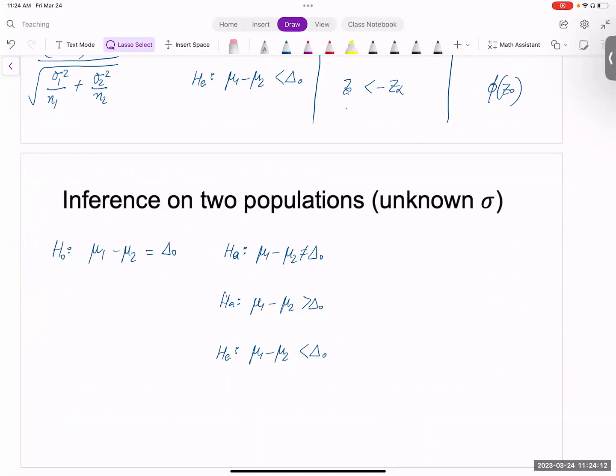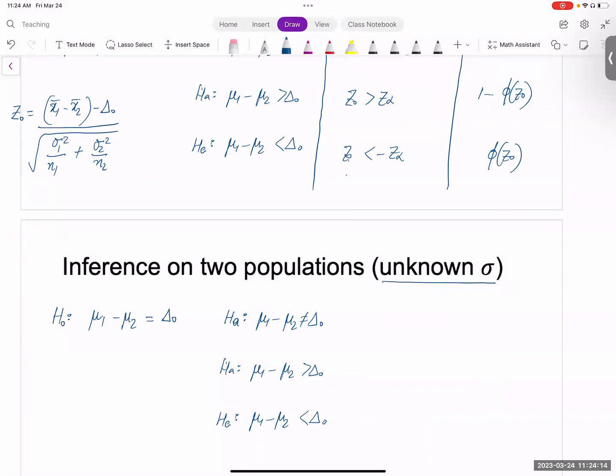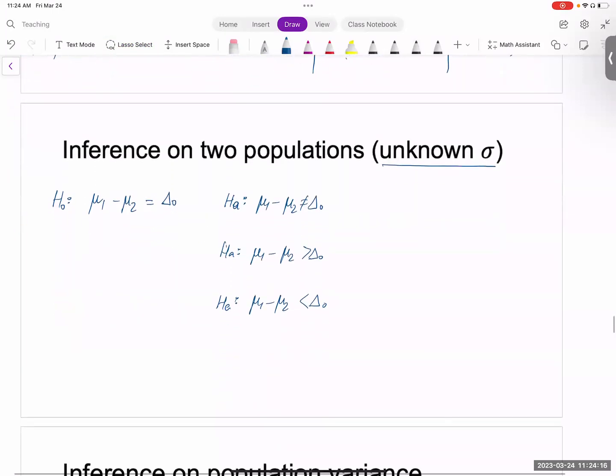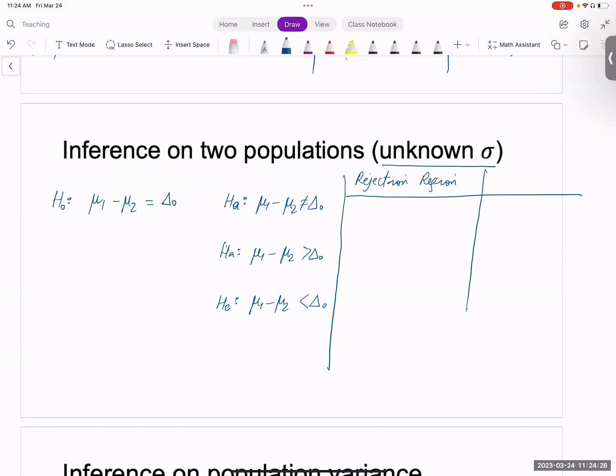So your sigma is unknown in this case. So if sigma is unknown, what we have to do is use a t-test, just like we have done in the past. So let me write down here the rejection region and the p-value.